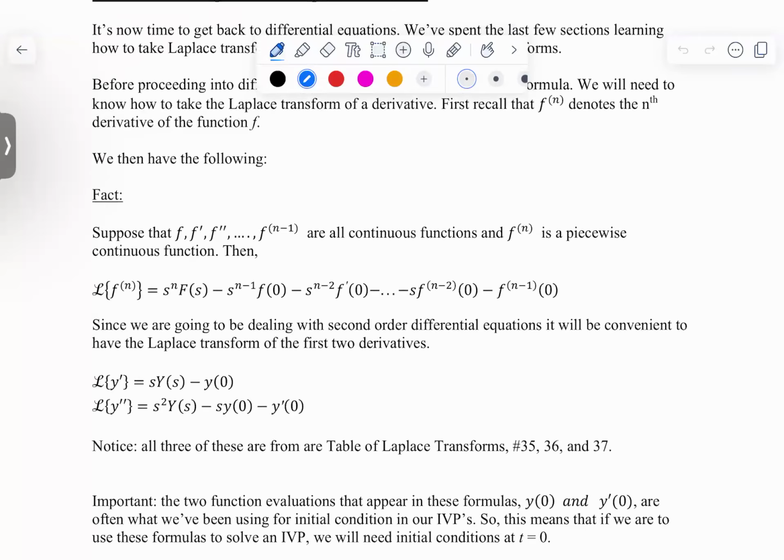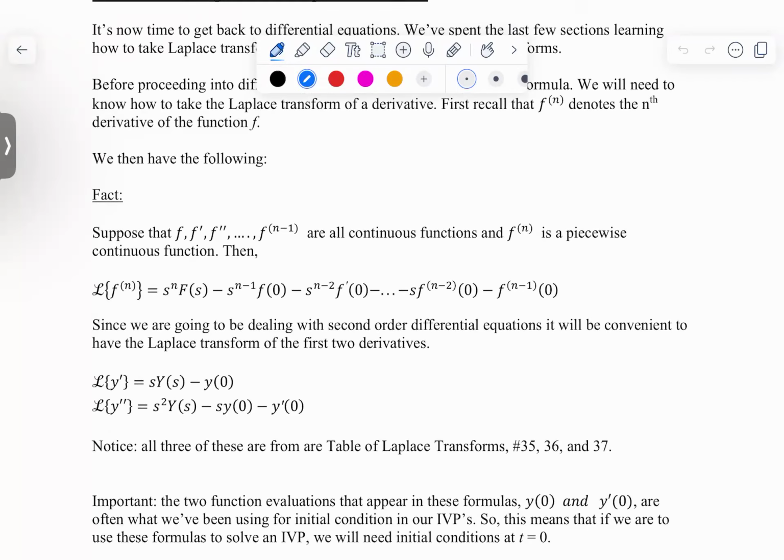What we are going to use is the definition of differentials with the transform. This is now number 35, 36, and 37. I said from the beginning that those were super important transforms. This is like 35 and 36, and this one is 37.